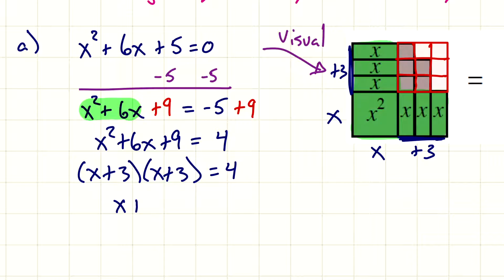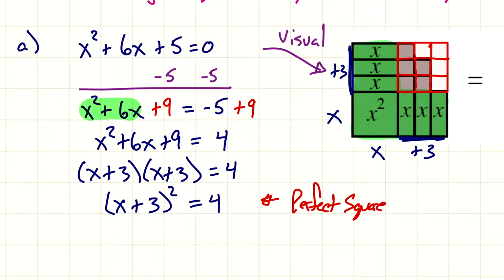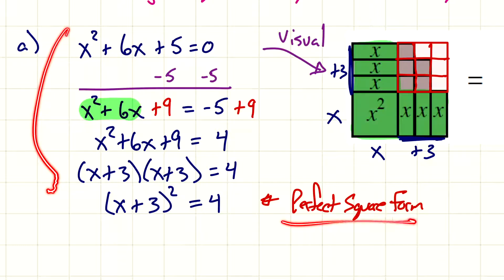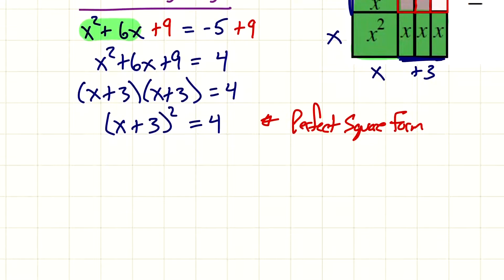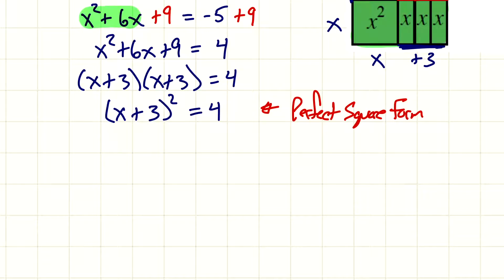So I'm going to simplify this. This could be written as x plus 3 squared equals 4. At this point, this is in perfect square form. This process is called completing the square. Our goal is to get in perfect square form. Now that it's in perfect square form, we could actually solve this.